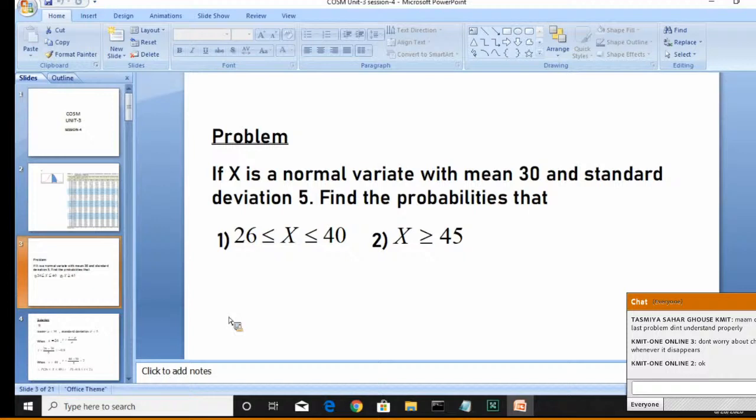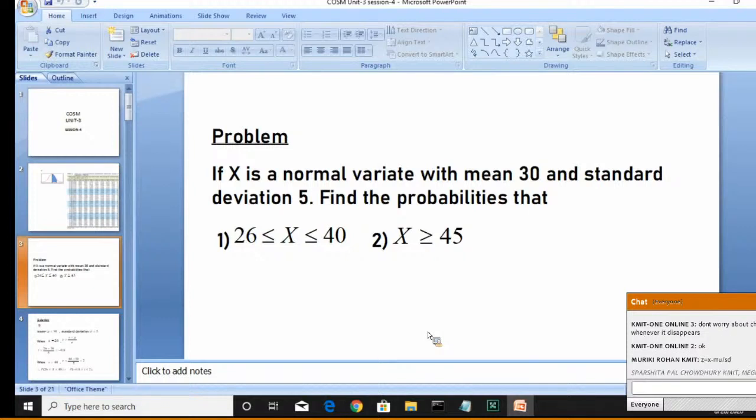So here we have to change over to Z. How we can change over to the standard normal variate? Anyone can tell? Standard normal variate, all of you listen properly. Yes, Rohan. X minus mu by sigma. Standard deviation is sigma.